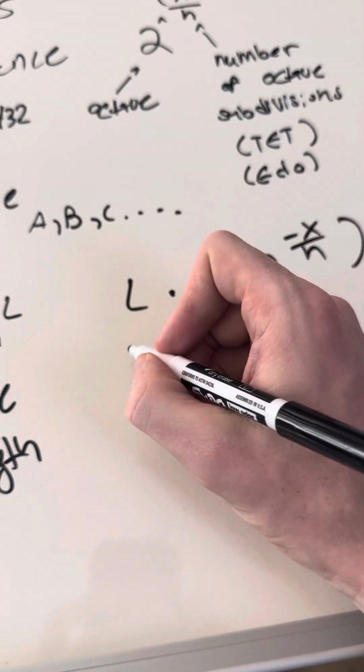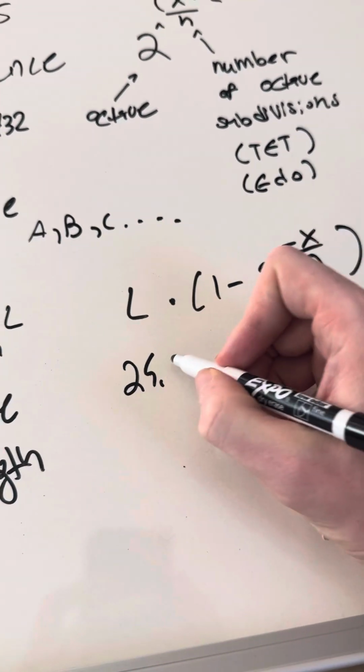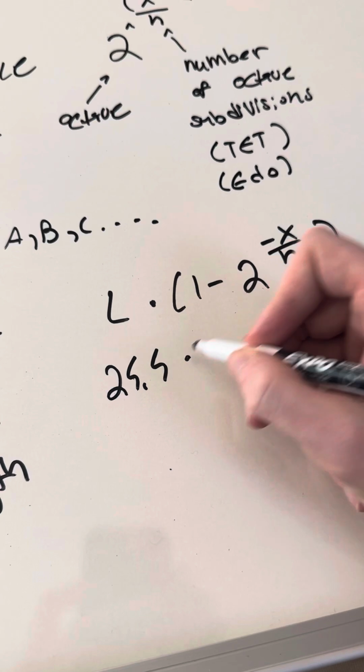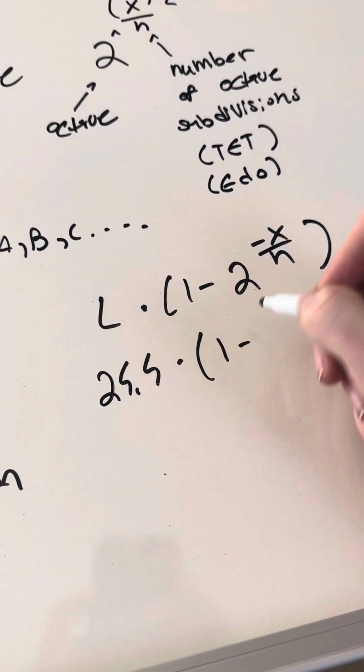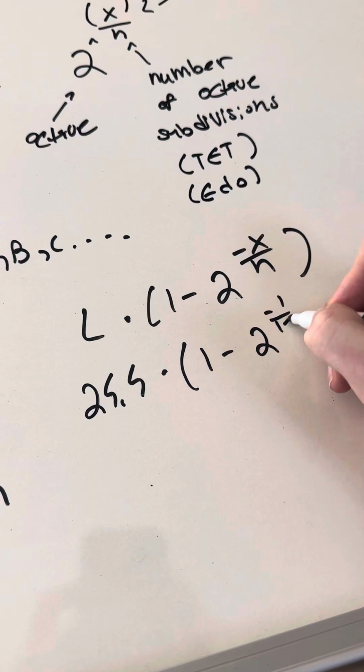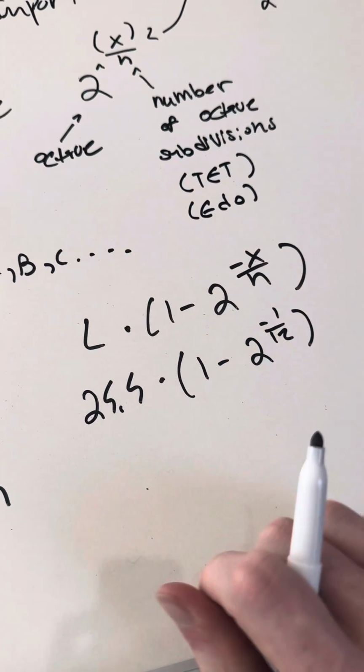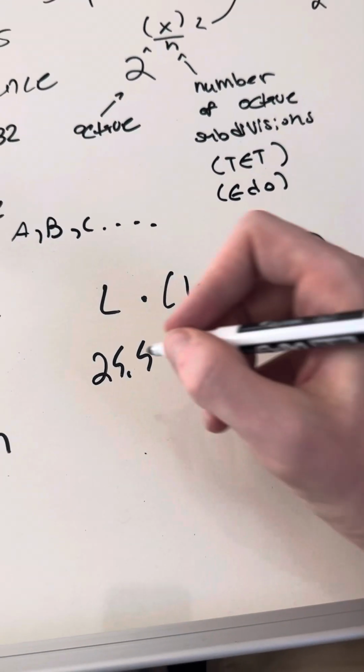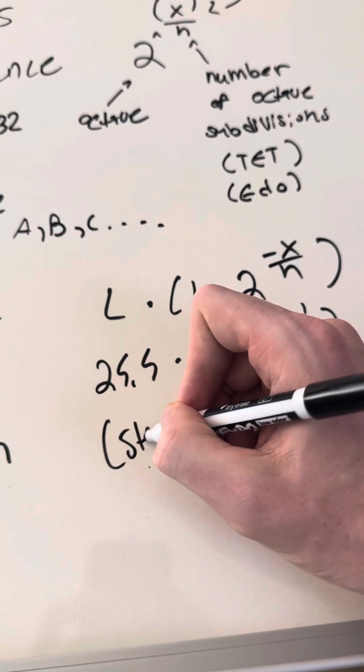And, you know, this could look like standard guitar scale inch times 1 minus 2 to the power of negative 1 over 12. And this is pretty much going to give you standard guitar.